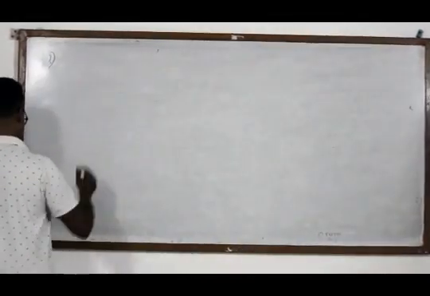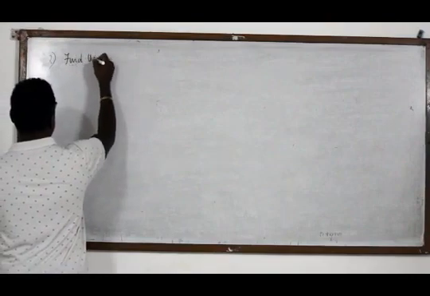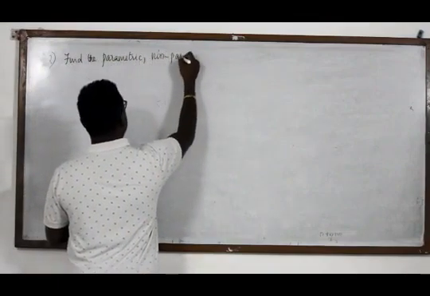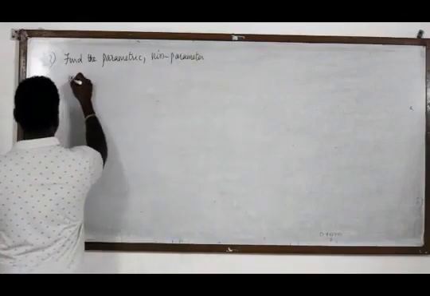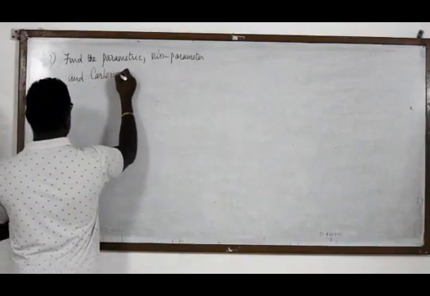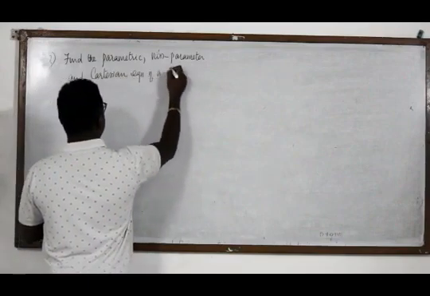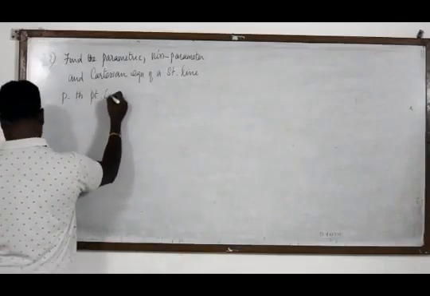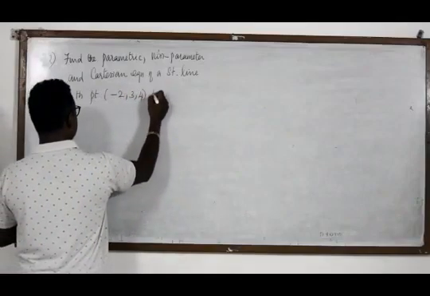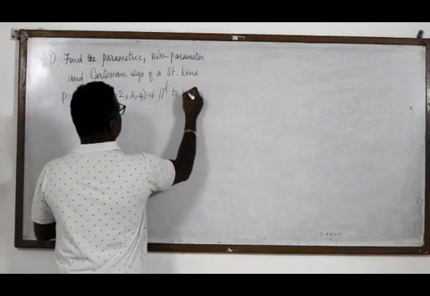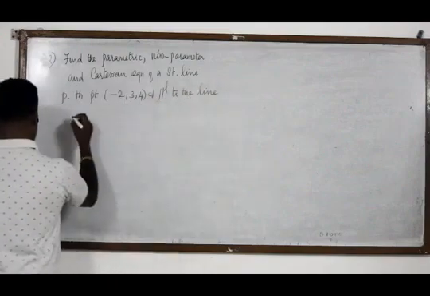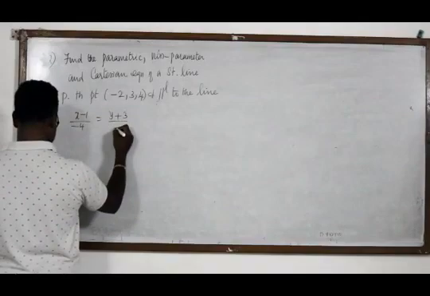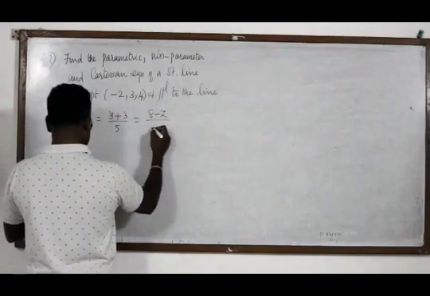Second problem. Find the parametric, non-parametric and Cartesian equation of a straight line passing through the point minus 2, 3, 4 and parallel to the line (x minus 1) by minus 4, (y plus 3) by 5 equal to (8 minus z) by 6.